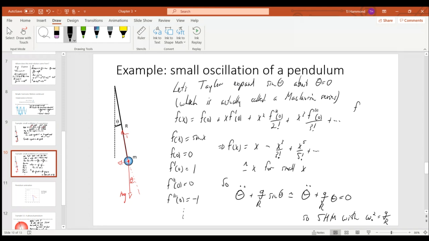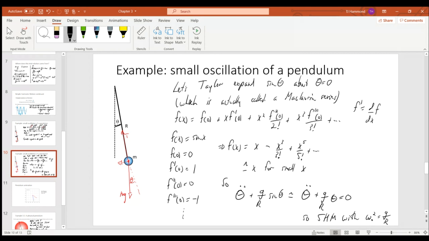If you remember, f prime is equal to d by dx of f. Plus x squared over 2 factorial times the second derivative of f evaluated at 0, plus x cubed times the third derivative of f evaluated at 0 divided by 3 factorial, and this goes on and on for an infinite series.